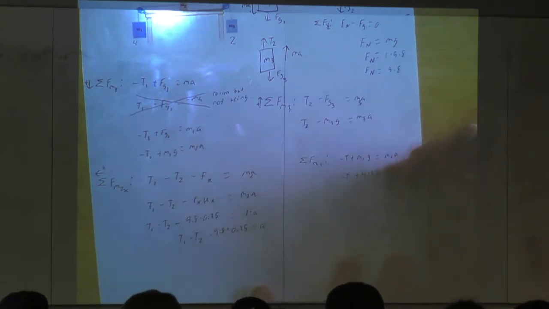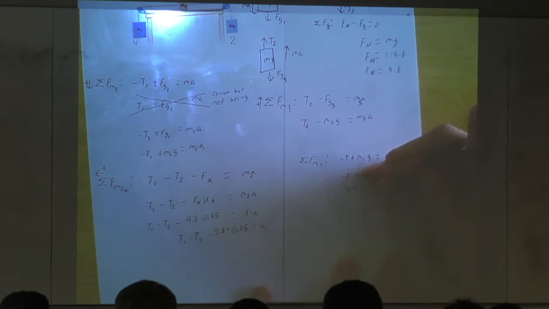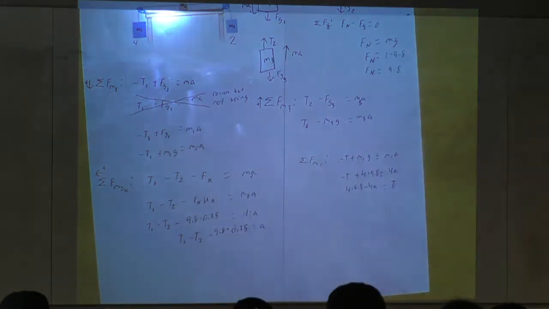So move T to the other side and move A to the other side, and we get 4 times 9.8 minus 4A equals T1.